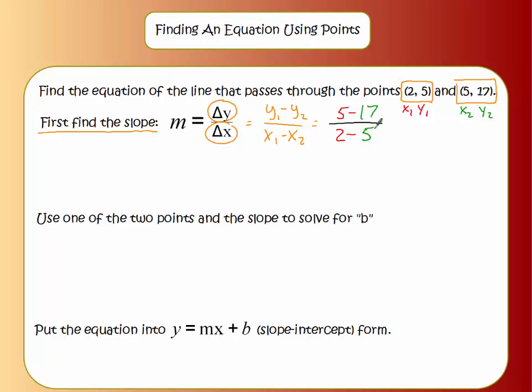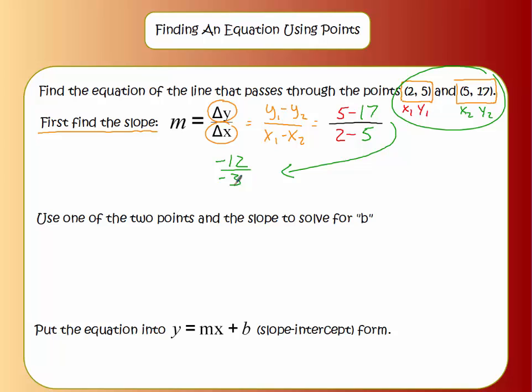Okay, all of these numbers just correspond exactly to how I labeled them right here. All right, so 5 minus 17, that's going to be negative 12. Let me write it, I'll come down here. So 5 minus 17 is negative 12, and 2 minus 5 is negative 3.